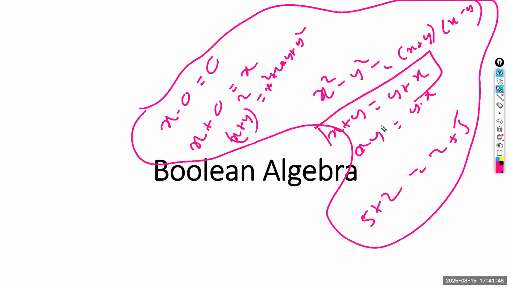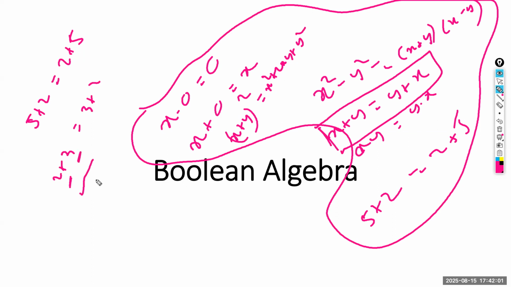No, right? But your logical thinking says yes, it's correct, because you know that 5 plus 2 is the same as 2 plus 5, or 2 plus 3 is the same as 3 plus 2. You start with two fingers and open the other three fingers. Now you have opened five fingers. You start with three fingers and now open the other two. Now you have five fingers. So if you want to prove it, that is actually the way to prove it.